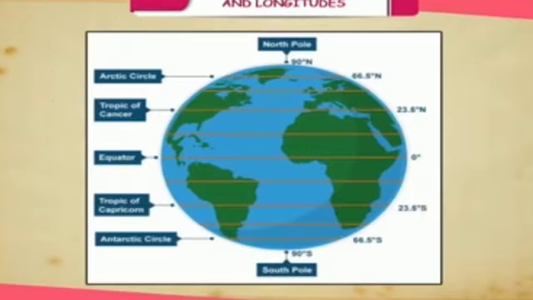Second, Tropic of Capricorn, which is also at 23.5 degree but south in the Southern Hemisphere. Next one is the Arctic Circle at 66.5 degree north of the equator and the Antarctic Circle at 66.5 degree south of the equator.